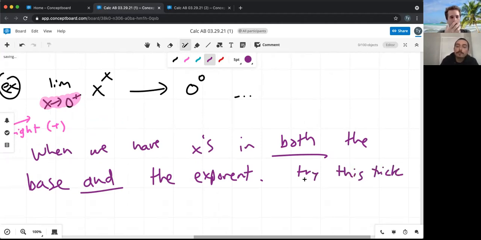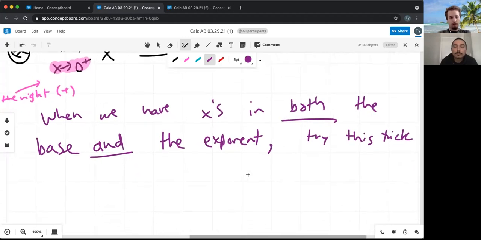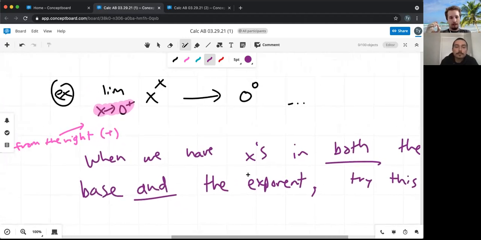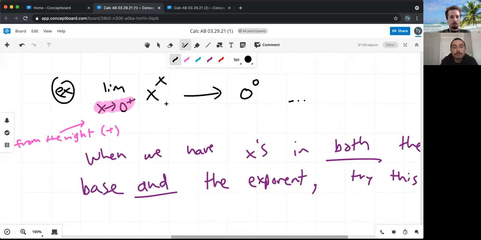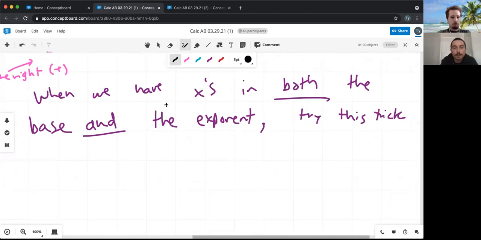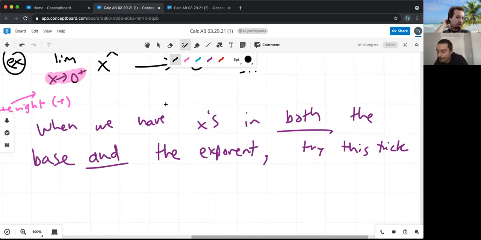I think an easier trick would just be if you plug in directly and you get 0 to the 0 power or infinity to the infinity power. If you get a form that has an exponent to the 0 or to the infinity, then you know you're going to have to use this. Okay. Yeah, I think it's the same. Good to think about it multiple ways, though.